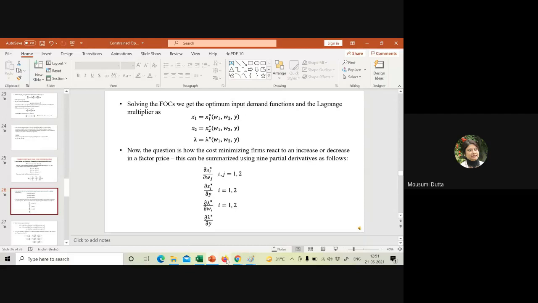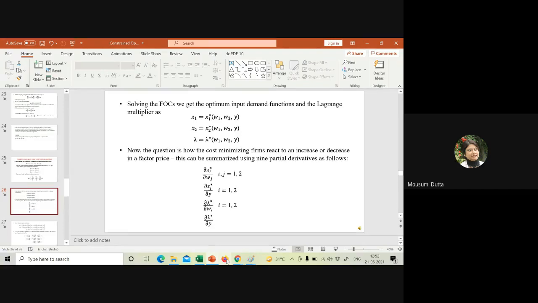Now what we have to do, we have to derive del xi star by del wj. Okay, so when we are telling that, you may derive del x1 by del w1, del x1 by del w2, and you will also be able to derive del x1 by del y, that kind of thing.